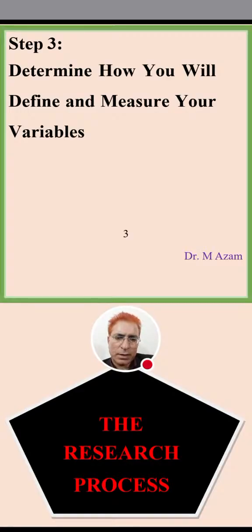The first step of the research process we studied is to find an idea or select a topic and conduct the literature review. The second step was to form a hypothesis, come up with an explanation.